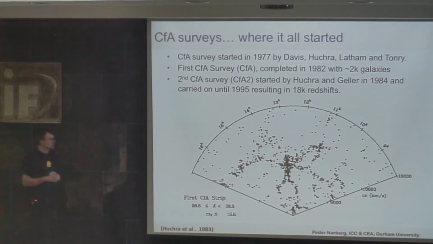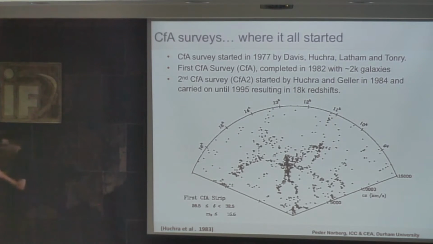So I guess I should start with where it started, which is probably the CfA survey. It's really the one where everything started. The CfA survey started in 1977, by Davis, Huchra, Latham, and Tonry, and they did five years of work to reach, in 1982, about 2,000 galaxies, and you had this stick man diagram.